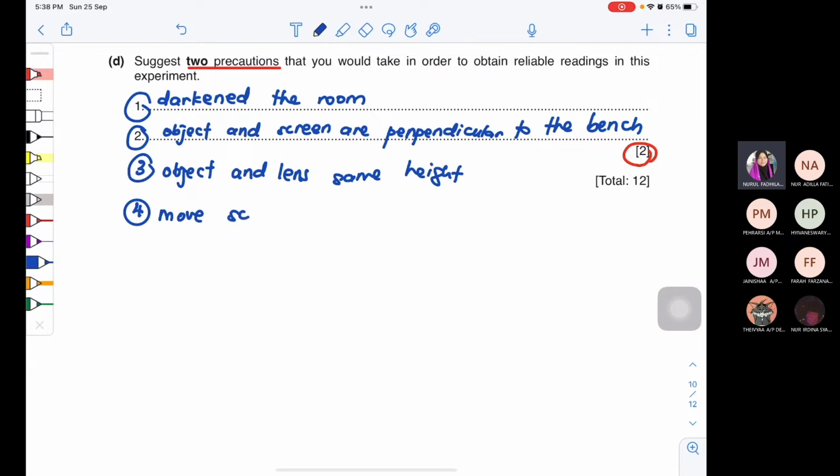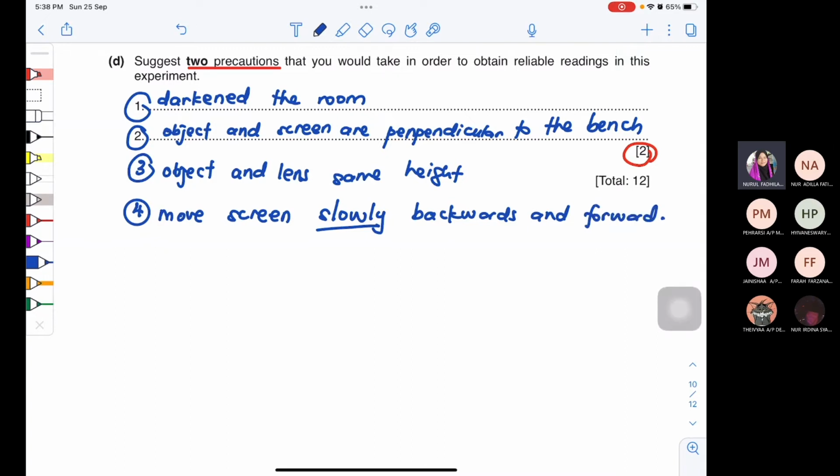Move the screen. How do I move the screen? Slowly. So that's the precaution. Slowly backwards and forward. Bukan up down. Kalau up down salah. Itu pun kena betul. Slowly juga.